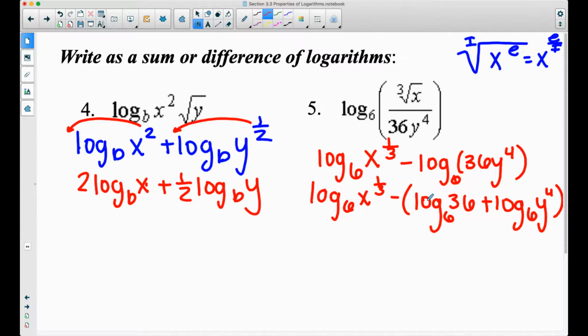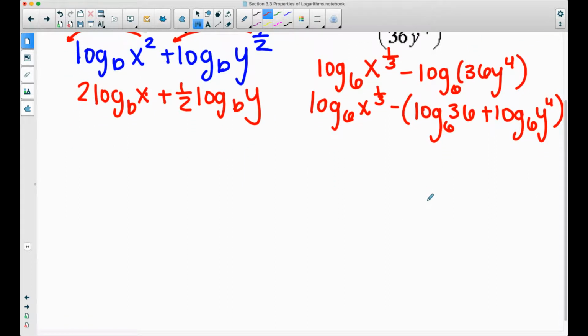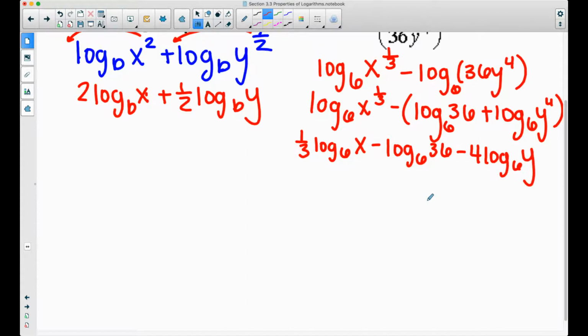Then I'd have to distribute my negative. That's something that catches a lot of people on these problems, especially when it's that double negative right there. And then I'm going to bring my exponents to the front as well.